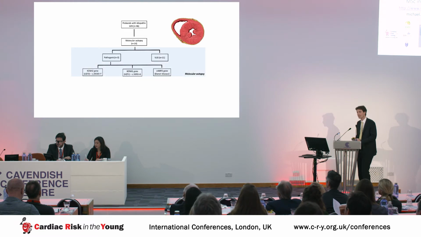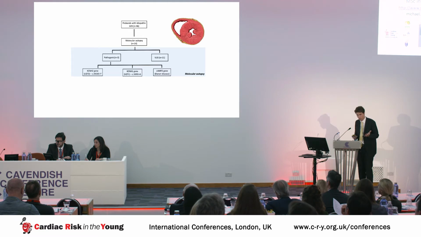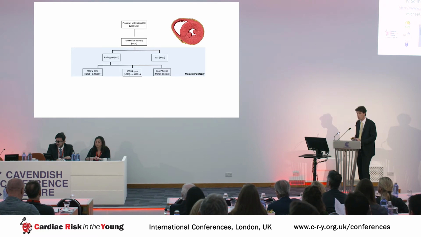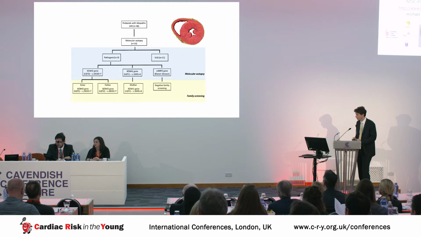However, we could not find any pathogenic mutation related to sarcomeric genes, possibly related to hypertrophic cardiomyopathy. But what we found was a gene mutation in the long QT genes, LQT2 and LQT1, and 1 case with a LAMP2 gene mutation related to Danon disease. And there was co-segregation with the screened family members in the cases diagnosed with the long QT gene mutation.